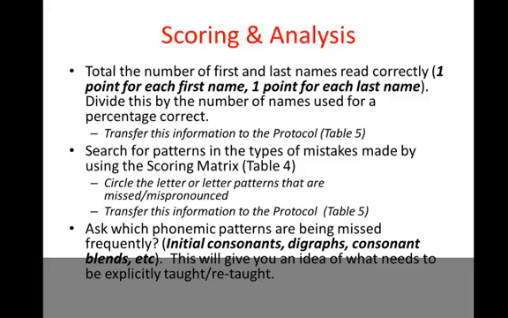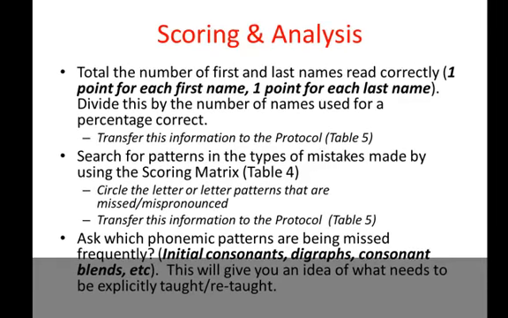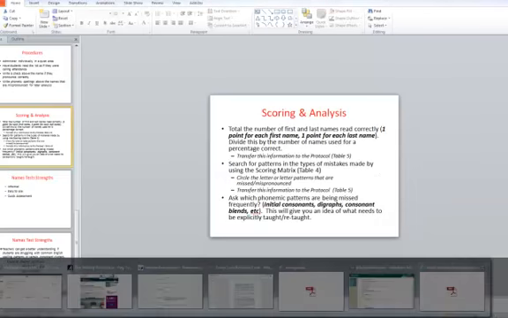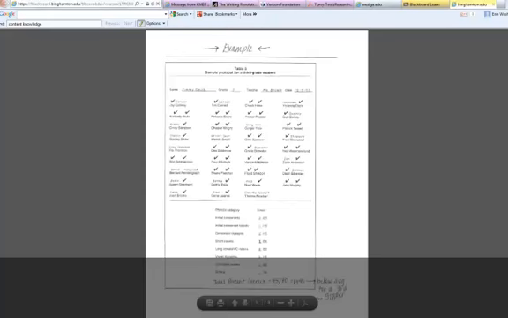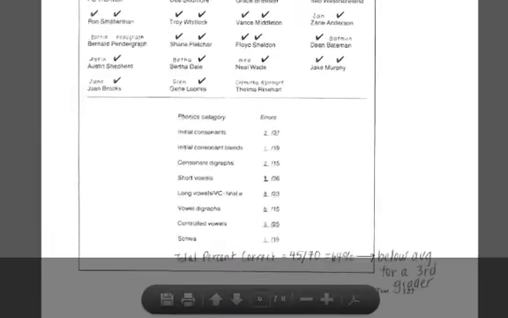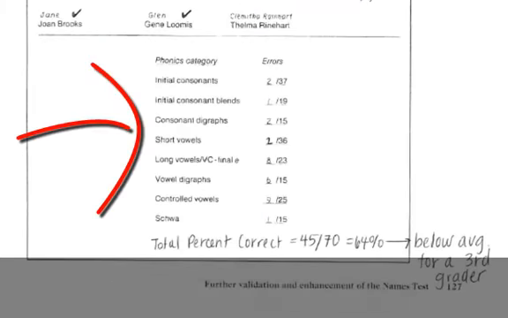Now, where I get the heart of my information is then being able to look at the patterns, the graphophonemic patterns that are missed frequently. This gives me an idea of what needs to be explicitly taught and retaught. So then I can look at this information here on this table, and I can see what types of errors the student is making.